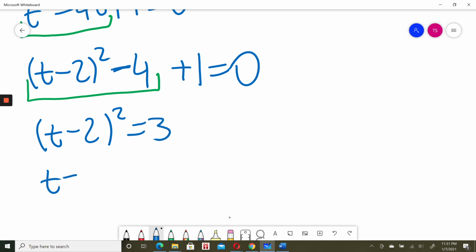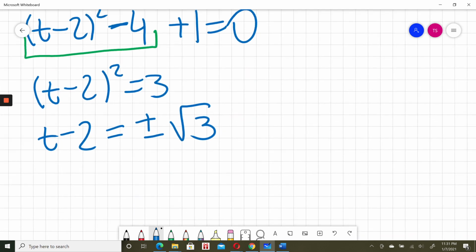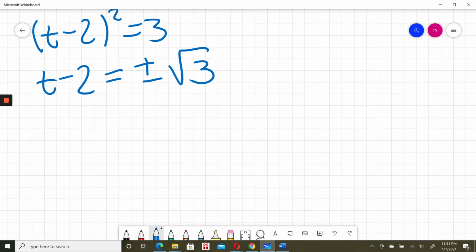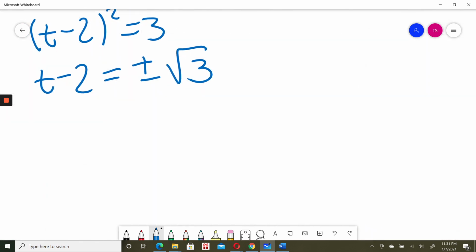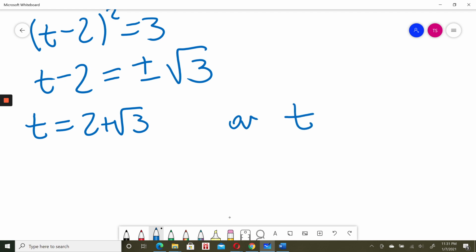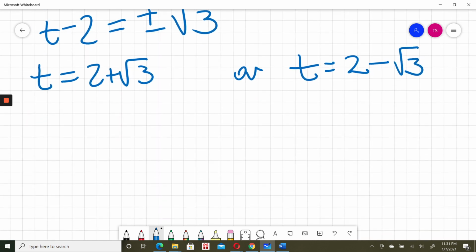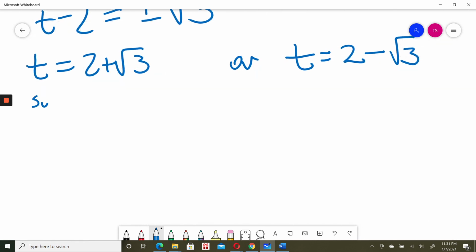Taking the square root, t minus 2 will be plus or minus square root of 3. So t will be equal to 2 plus square root of 3, or t will be equal to 2 minus square root of 3.